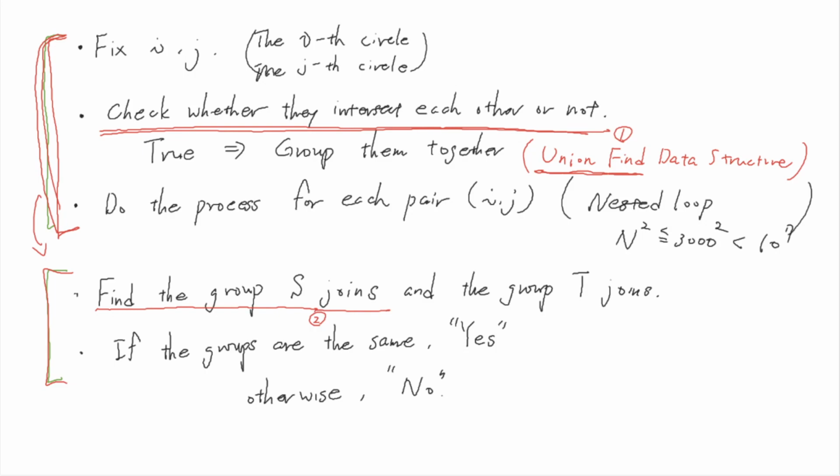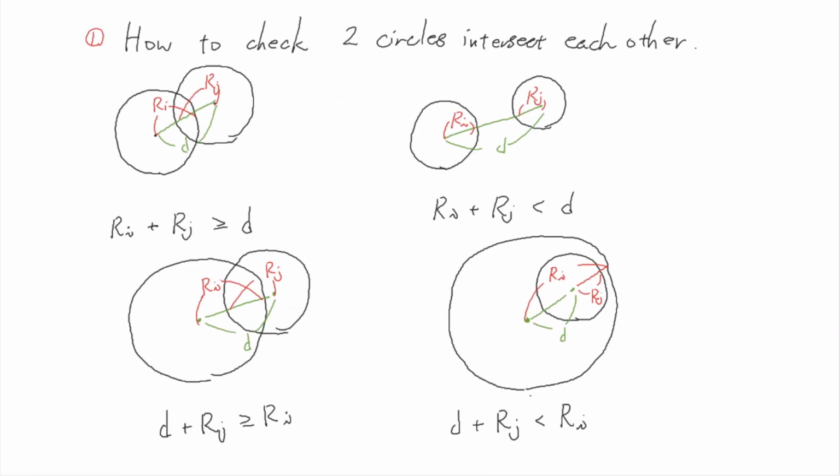So from now on, I explain these two processes. First, how to check whether two circles intersect each other. The first example is here. These two circles really intersect each other, and you check three variables.